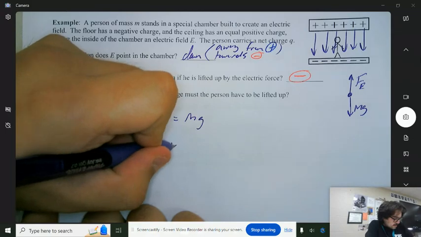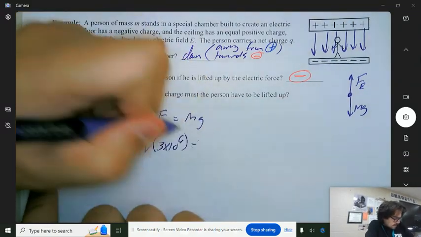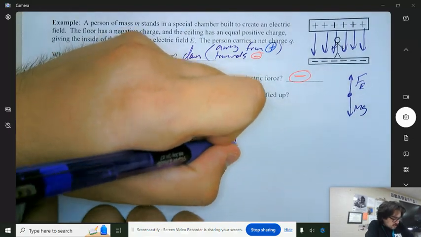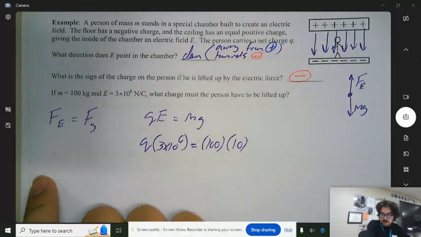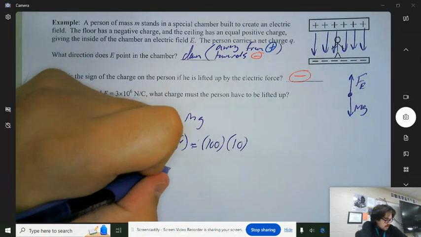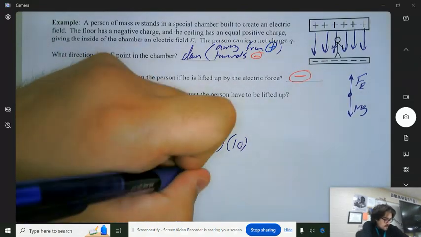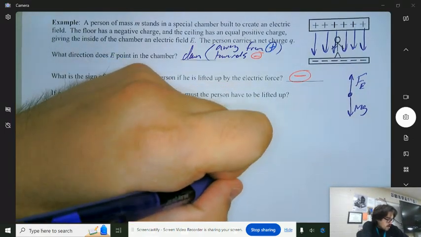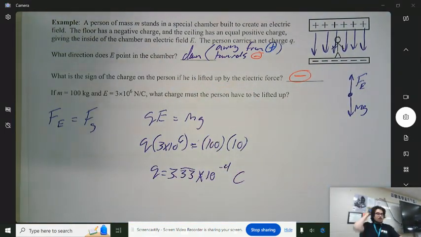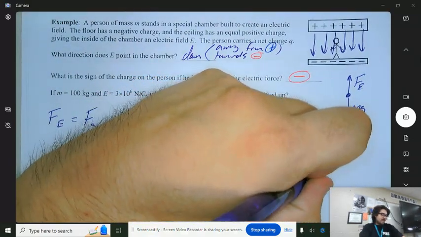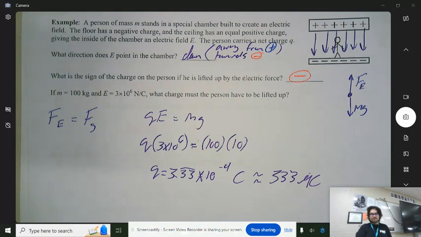E is 3 times 10 to the 6th, the mass of the person is 100 kilograms, and g is 10. We're just going to use 10 to be simple here. If you solve that out, you should get that Q is equal to 3.33 repeating times 10 to the negative 4 coulombs, which is approximately 333 microcoulombs.